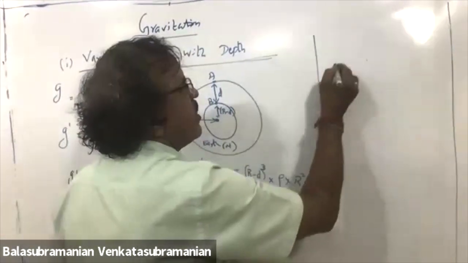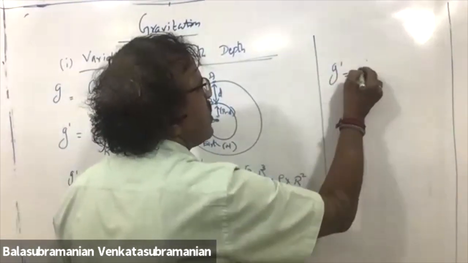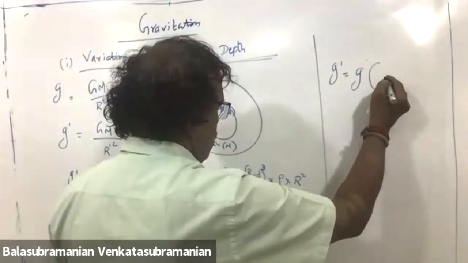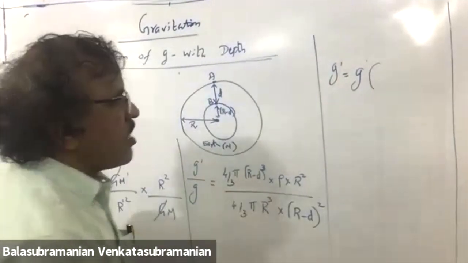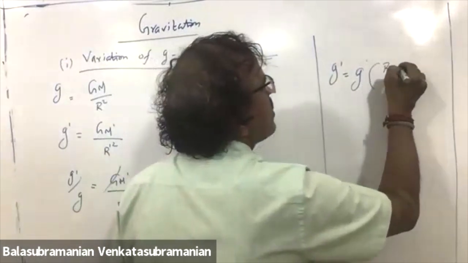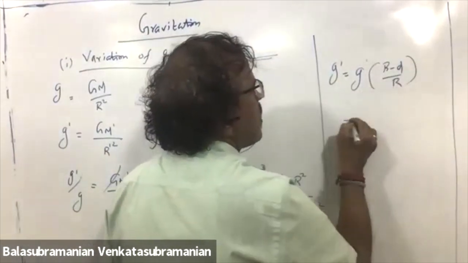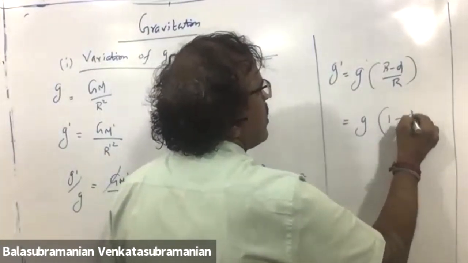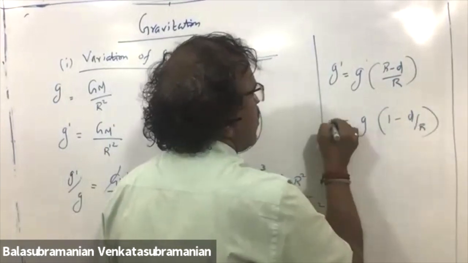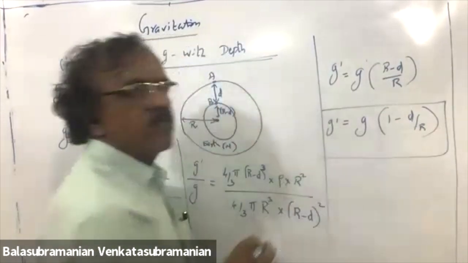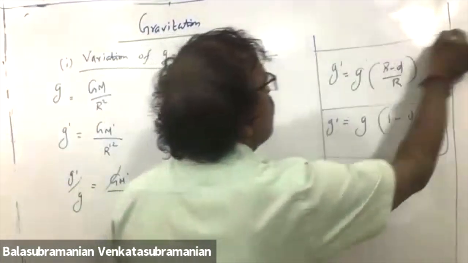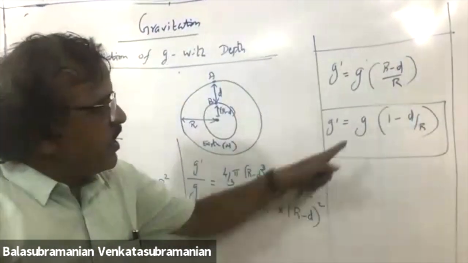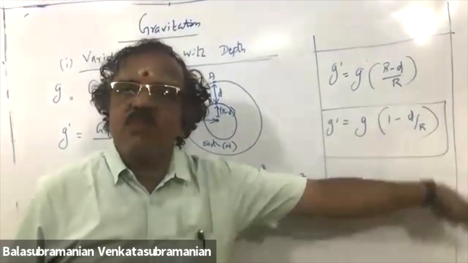So I can write g dash is equal to g into (R minus d) by R. What are you getting? g into 1 minus d by R. That means g minus some value again.